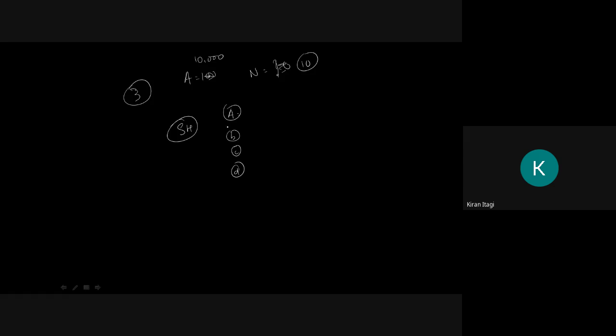and the options will be like this. A, it is 200, B, it is 400, C, it is 425, and D, it is 450. He is asking the length of the state highway.